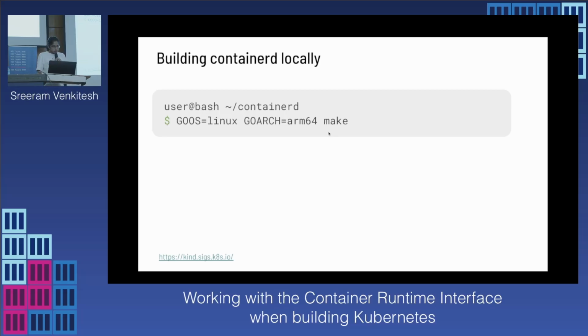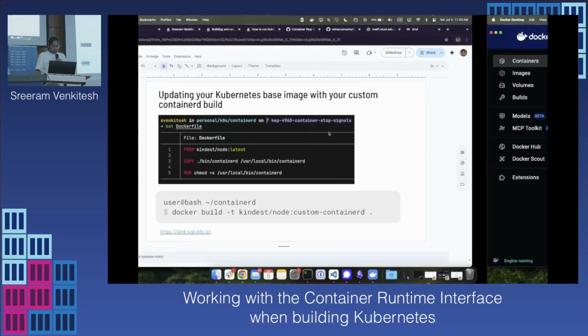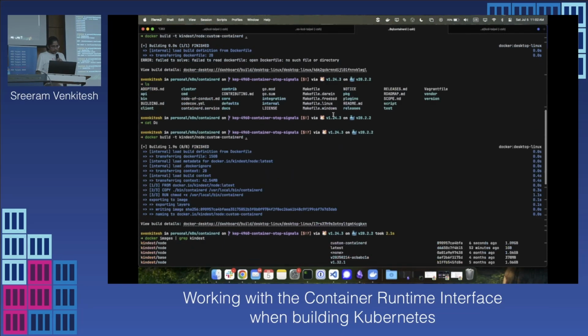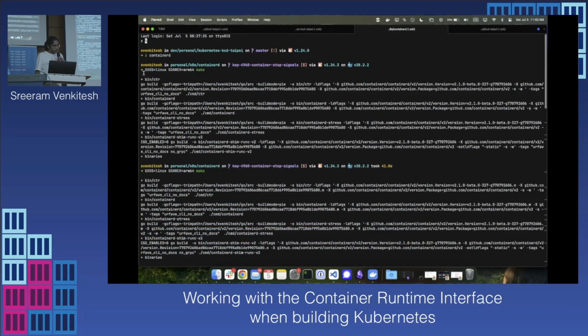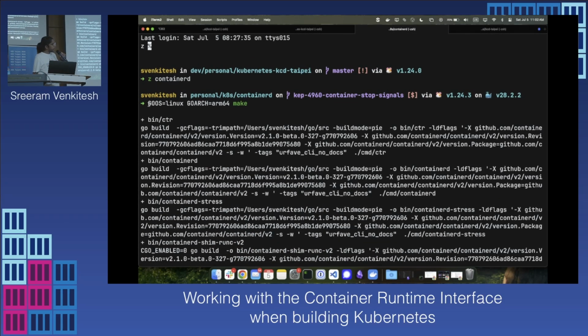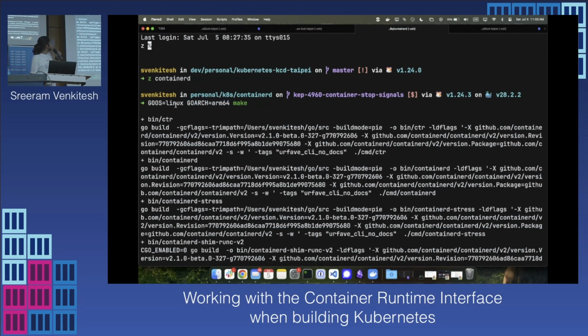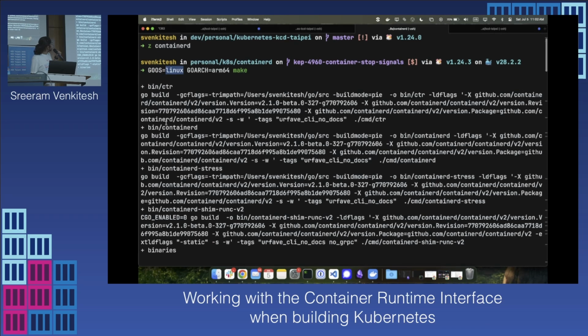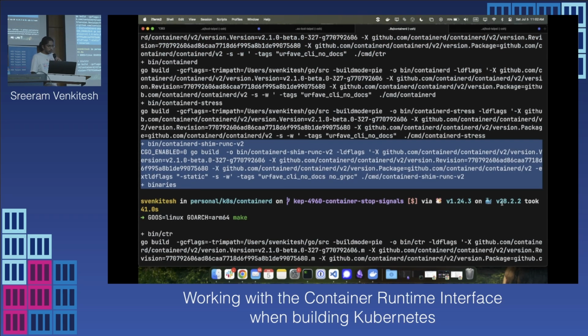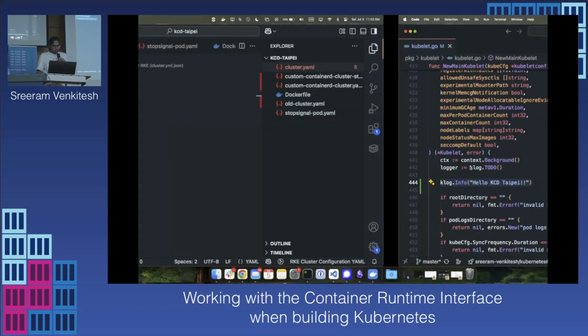So let me show you how I've done that. I am inside the containerd directory, and I run this command make, and I pass the Go architecture as ARM64 and the Go operating system as Linux, and this will build all the containerd binaries, and you can find them inside.